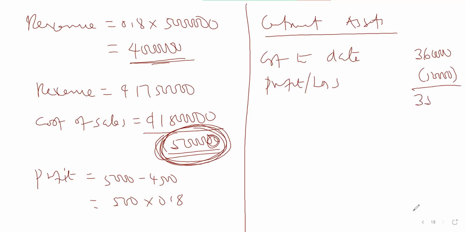355. Okay, so how much did you receive from the people? 2.4, isn't it? Okay. So what will be the difference? 1.15.